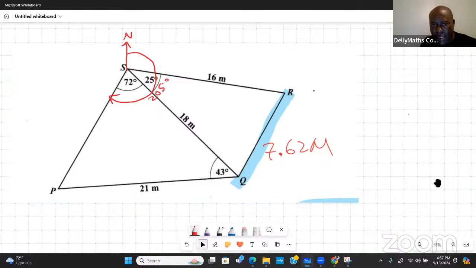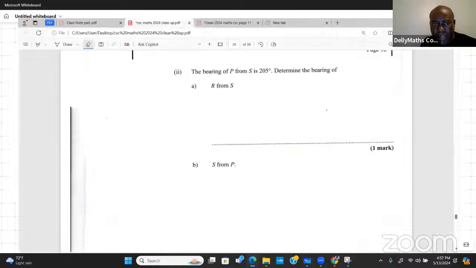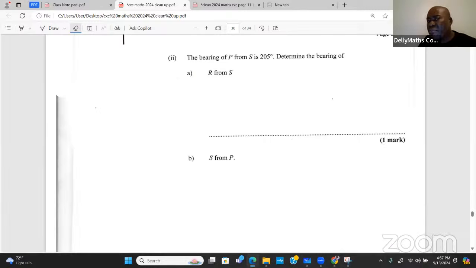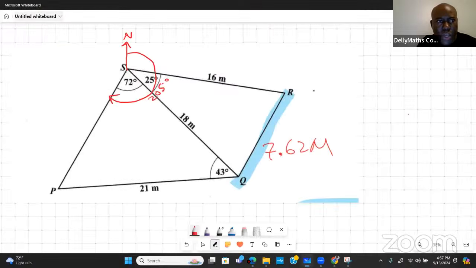So having had that, what do they want? They want the bearing of R from S. Now watch this. We want R from S. All right, no problem. Let's take a look at the diagram. In other words, I want this bearing only.